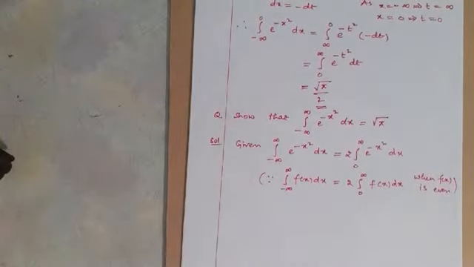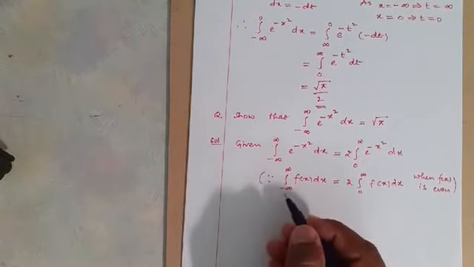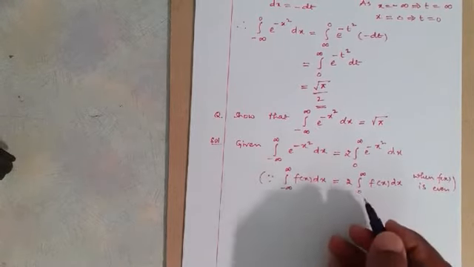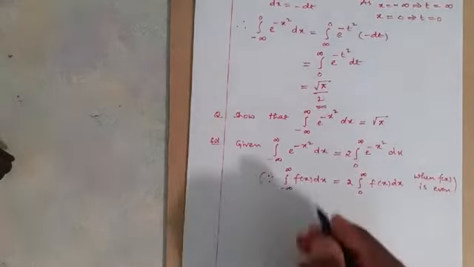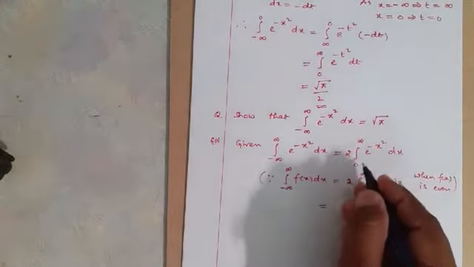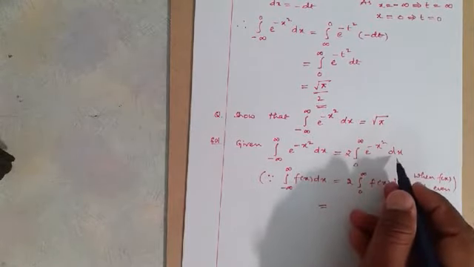Now after this, when you go to the problem, here we have 2 times the integral from 0 to infinity of e power minus x squared dx.